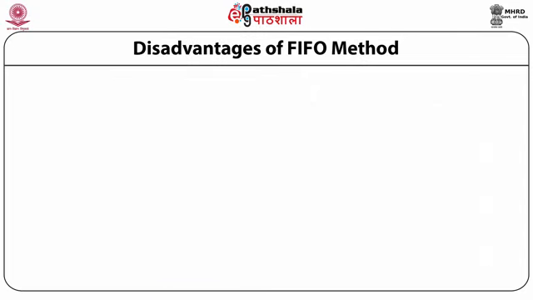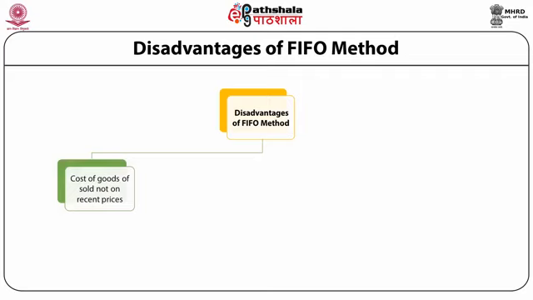In this figure, disadvantages or limitations of this method are given. According to the limitations, we can see the cost of goods sold is not shown at recent prices, and this method creates problems in case of price fluctuations.